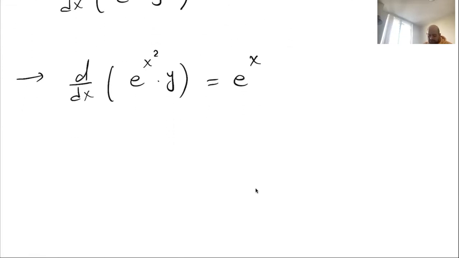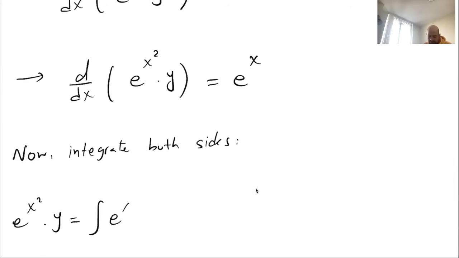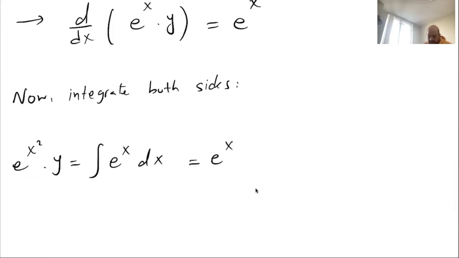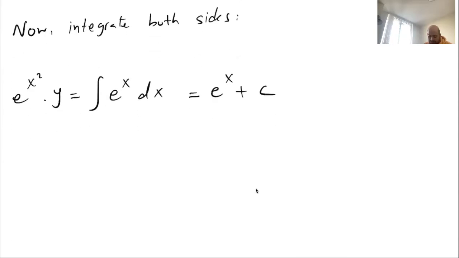Now integrate both sides. Then you'll have e to power x squared times y equals the integral of e to power x dx, which is e to power x plus c. We're almost done here.